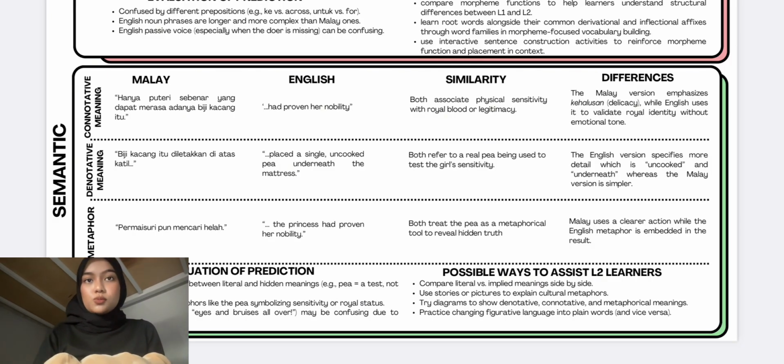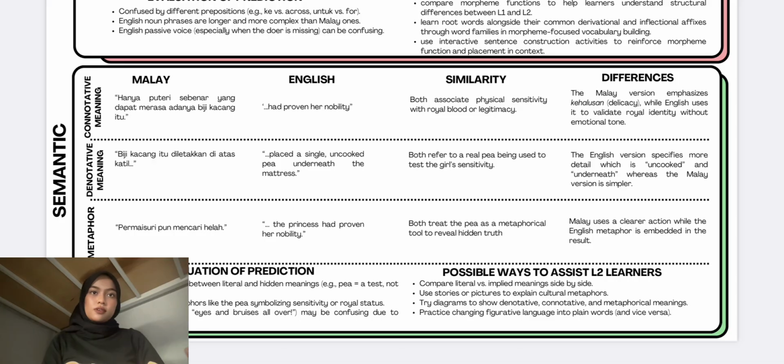The third one is provide semantic mapping activities, for example, diagrams showing literal, implied, and metaphorical meanings to help learners recognize layered meanings in a text. And the last one is practice rewriting metaphors or connotative phrases into plain language and vice versa to build awareness of deeper meaning.